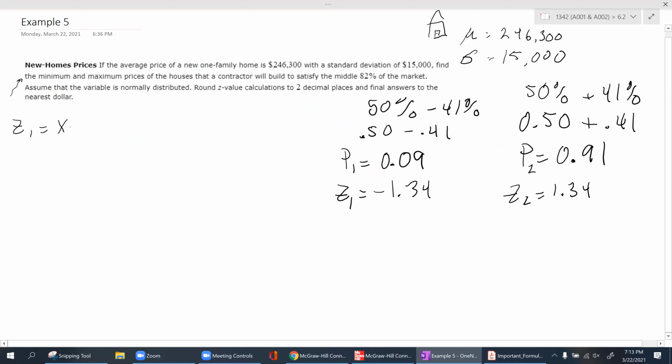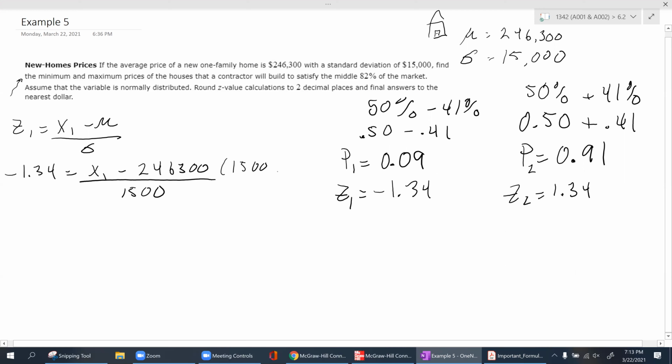Z1 equals X1 minus mu over standard deviation. So negative 1.34 is equal to X1 minus, what was my mean, 246,300, all over 1,500. I don't want that denominator, so I'm going to multiply both sides by 1,500.